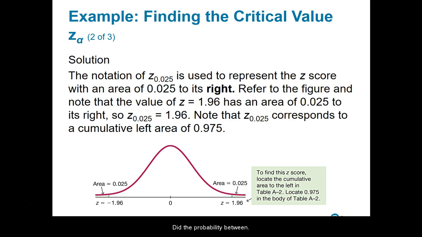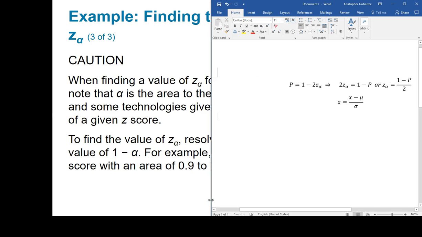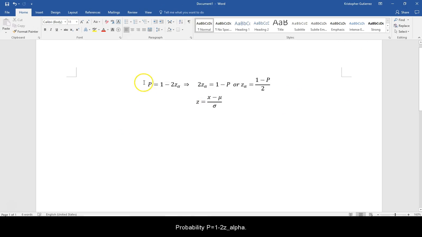So, indeed, the probability between these two is simply equal to 1 minus Z of negative 1.96. And, of course, we have the same area here by symmetry, so we can actually subtract 2 of those. All right, so what do I mean by that? Well, let's go over here. So the probability is equal to 1 minus 2 Z alpha.